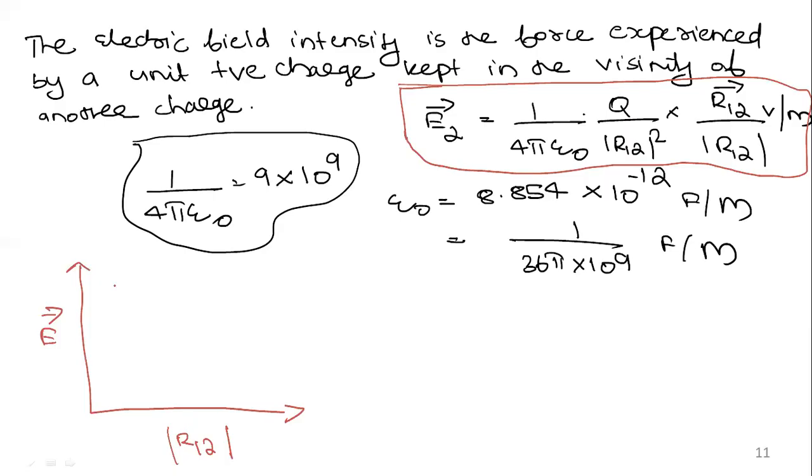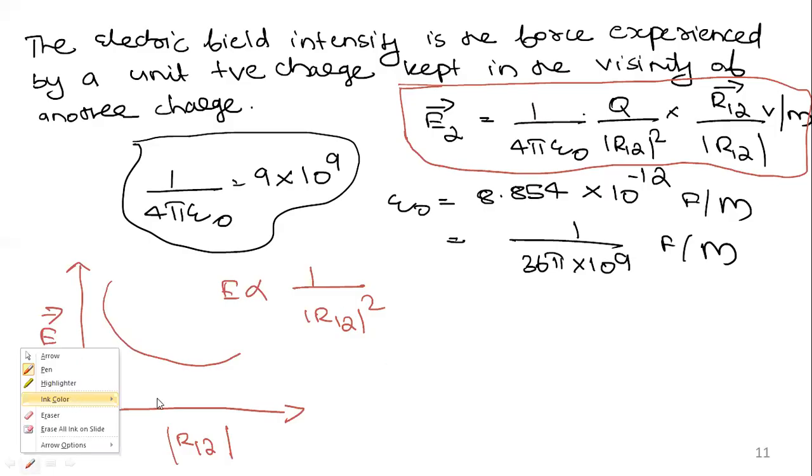So it is not linear, the graph will be like this. That is, E is proportional to 1 by mod of R12 the whole square. That is the distance. Is it clear? Yes, sir.